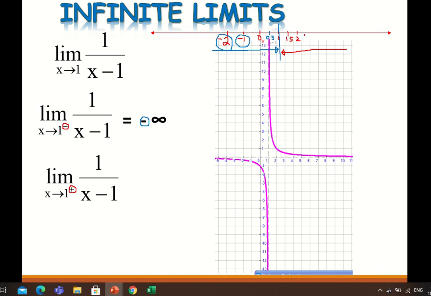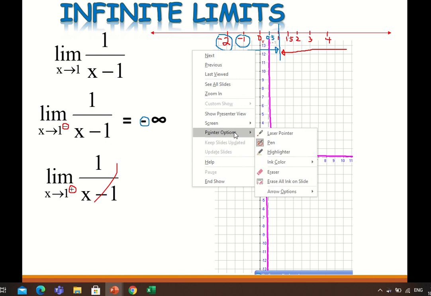Perhaps we started from 3, or we started from 4. When you substitute these values, for example, when x equals 4, 4 minus 1 is 3, so we have 1/3. When x equals 3, 3 minus 1 is 2, so 1/2.